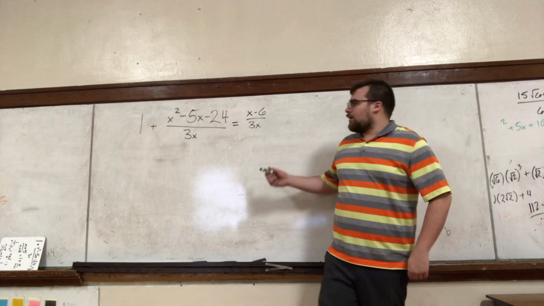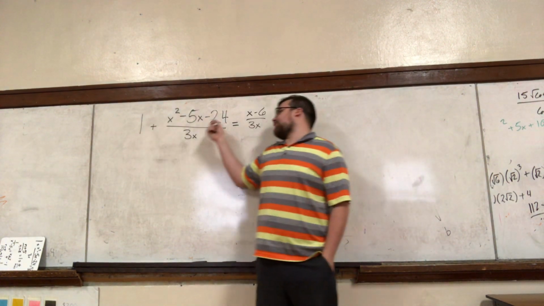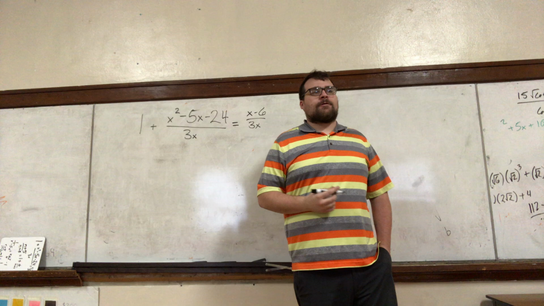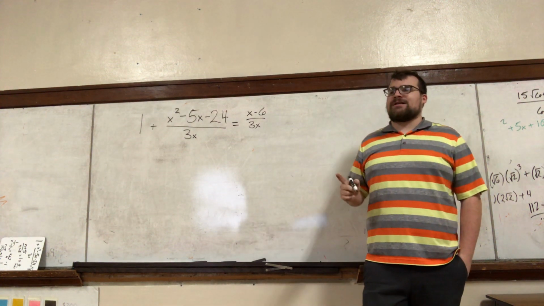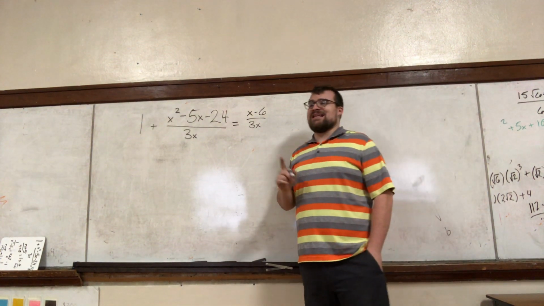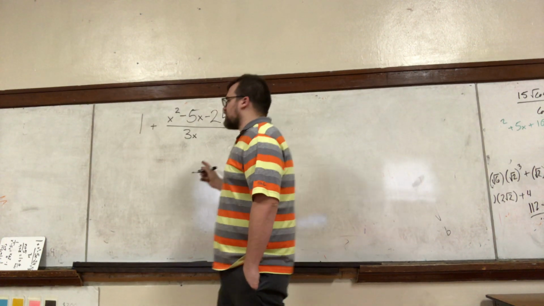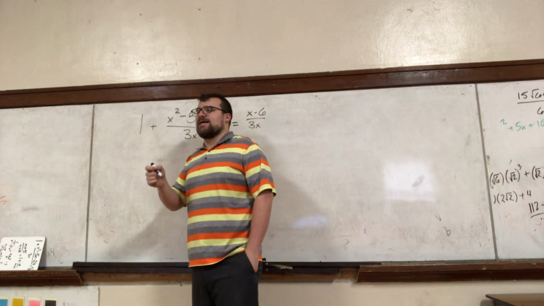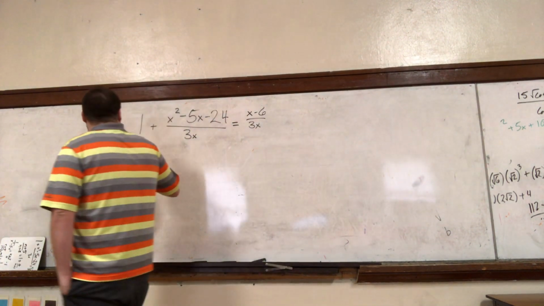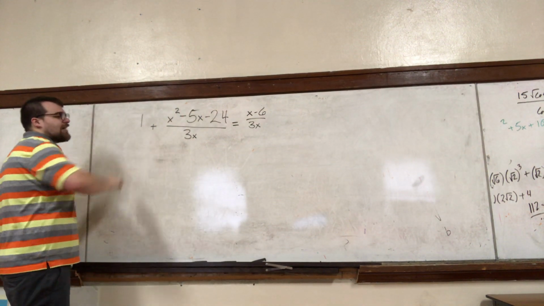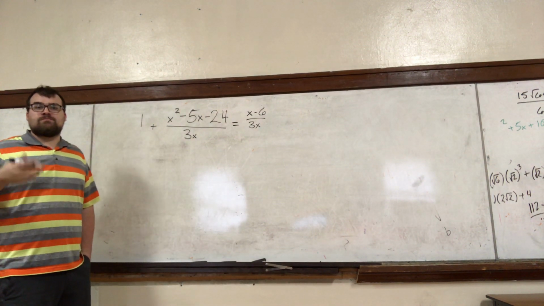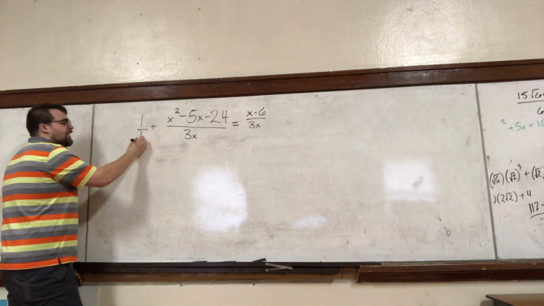So, can we add this 1 into the negative 24? Why can we not? It's not a fraction, it's not in the same terms. Now what I mean when I say it's not in the same terms is this 1, if it was written as a fraction, would be 1 over 1, right?